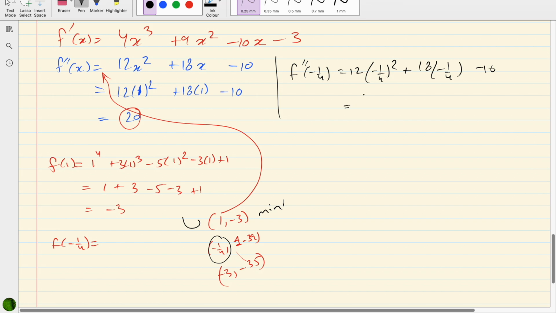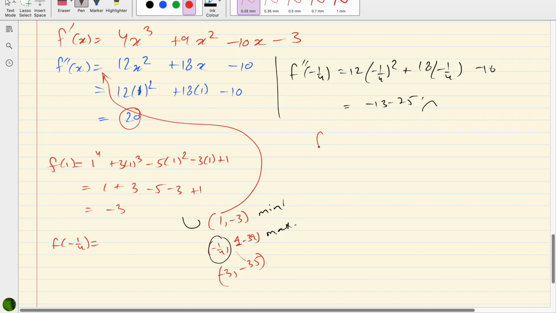Using the calculator again, I'm getting negative 13.75. So negative means a sad face. So this is a maximum point.